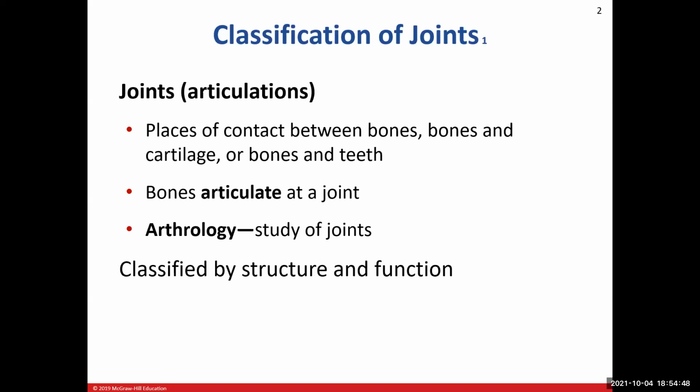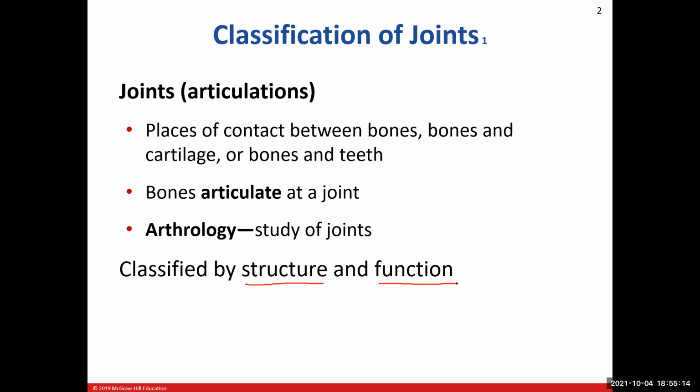And so when we talk about our joints, of course, being anatomists, we want to classify everything. So we classify our joints on two things: structure and function. Well, that's code for we classify joints by anatomy and physiology.